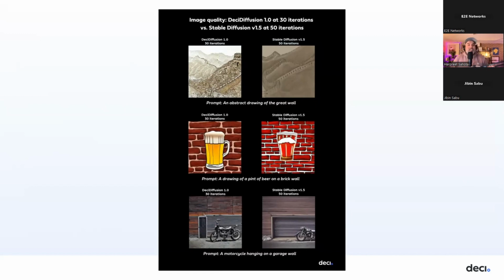On average, the images we're able to generate after 30 iterations achieve a comparable FID score to those generated by Stable Diffusion 1.5 after 50 iterations.